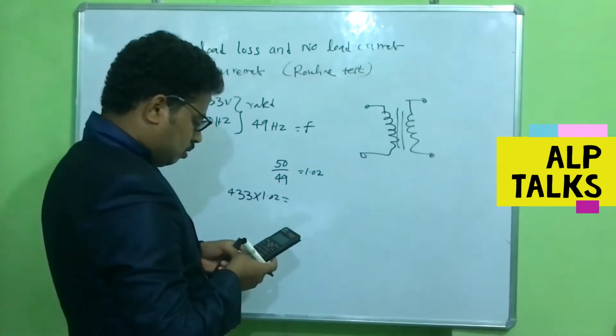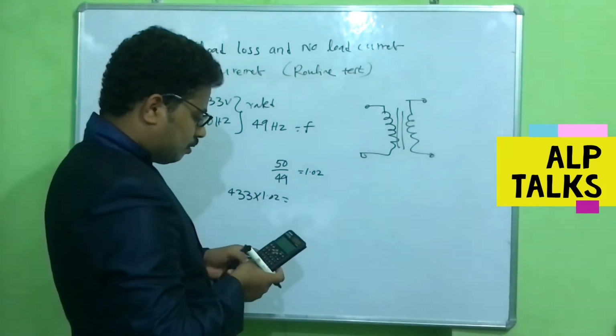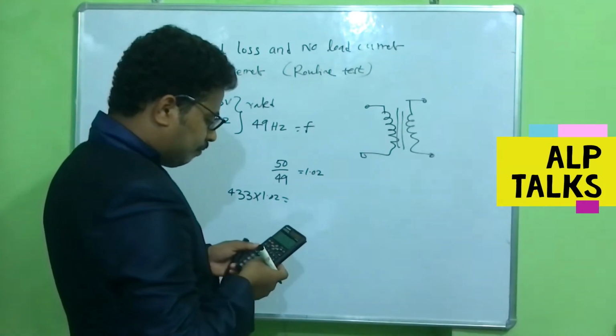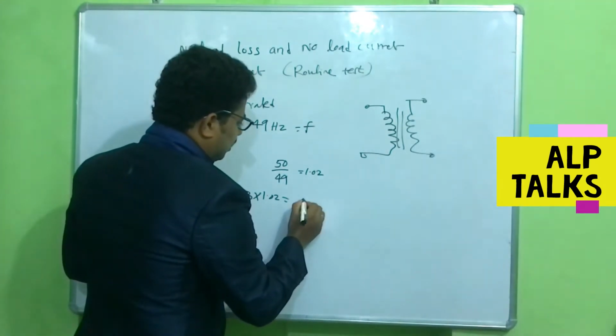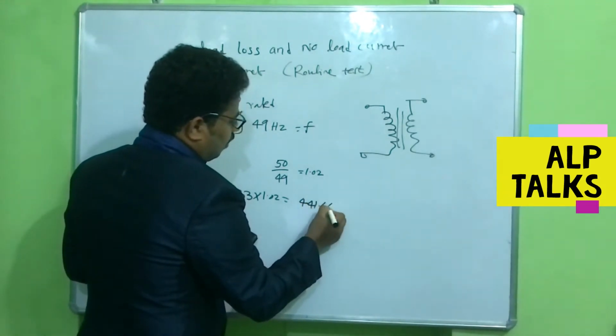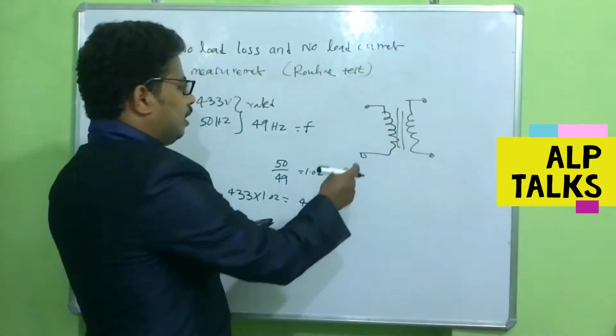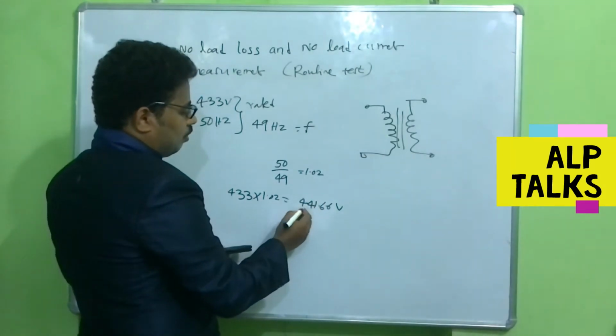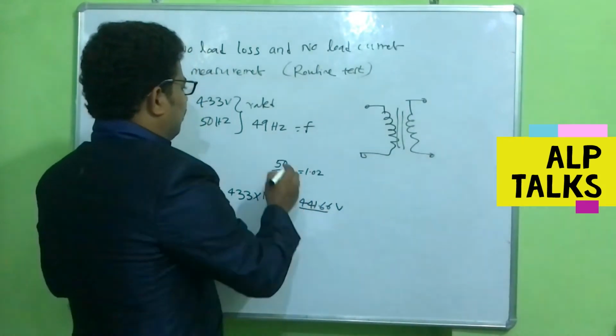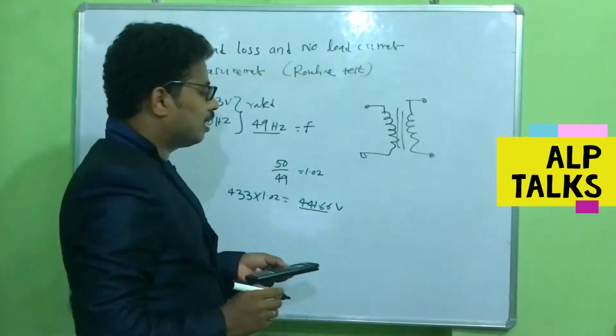So we have to apply 441.66 volts at the primary side. This much voltage we should apply, because the frequency is 49 hertz.